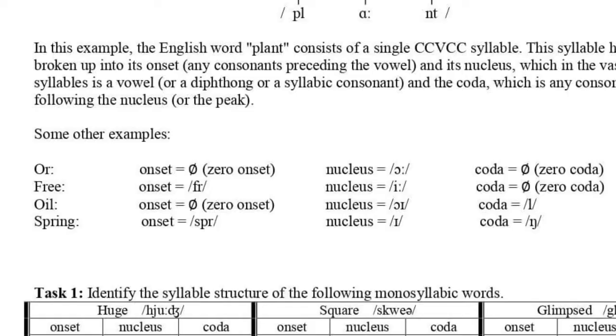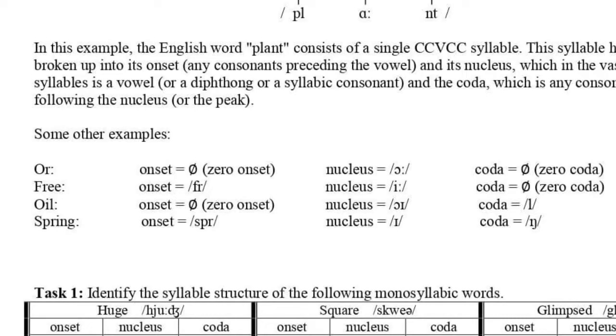Another word is oil. In this word, we don't have an onset. It means we don't have a consonant before the nucleus, so we can write zero onset. The nucleus, in this case, is a diphthong, which is the diphthong oi.